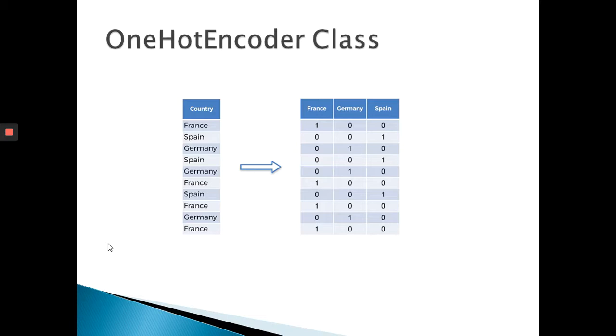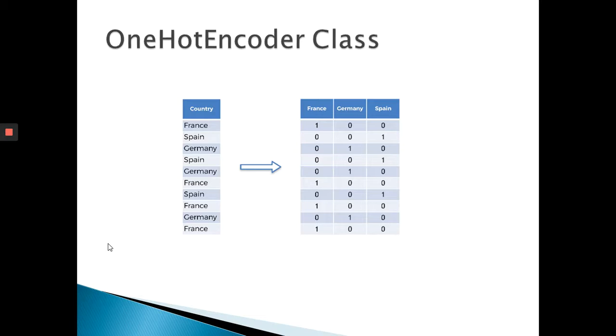So this is the result after applying the one hot encoder class. Basically, it takes how many categories there are in the country column. We have three categories of countries: France, Spain, and Germany. In the same way, it will add three dummy columns, one for France, one for Germany, and one for Spain.